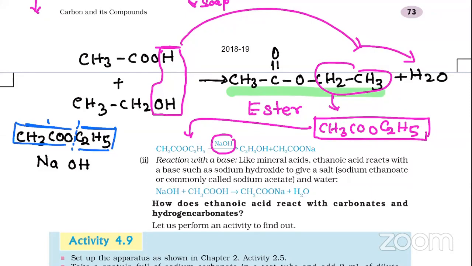So what we are going to do is, this will be broken from here, and it will form CH3COONa, and the remaining part will be C2H5OH.